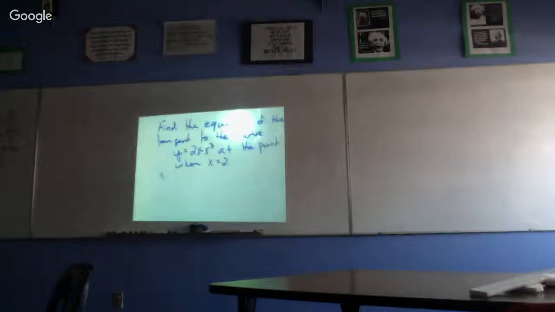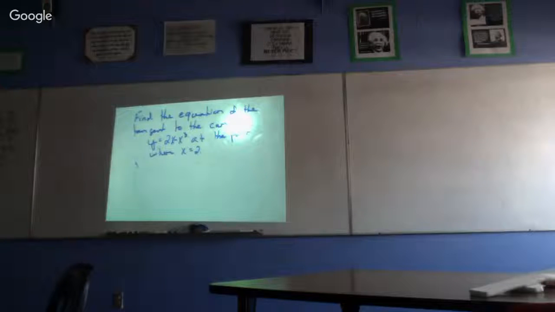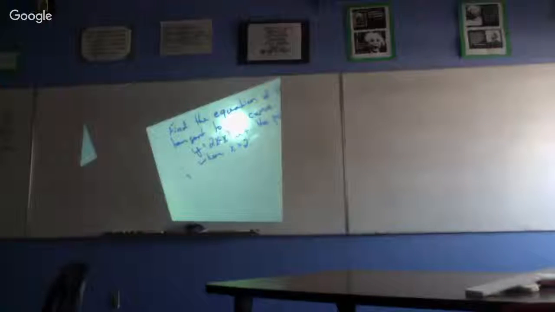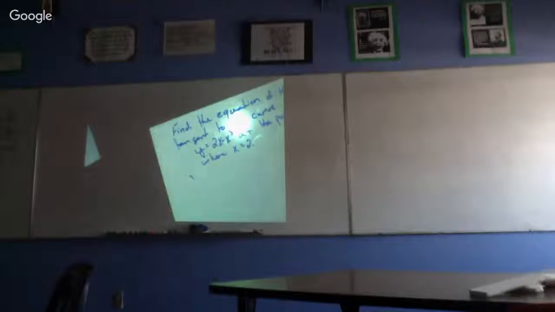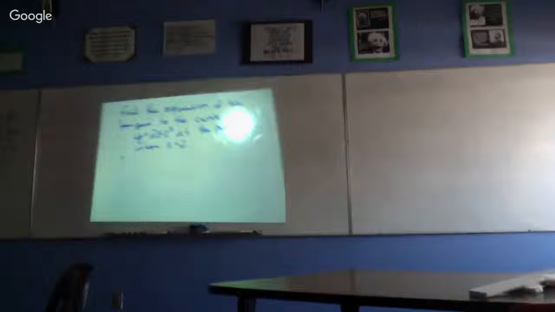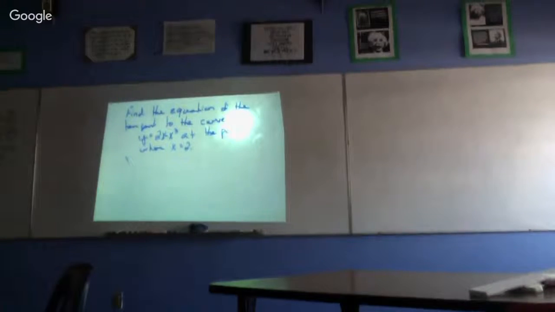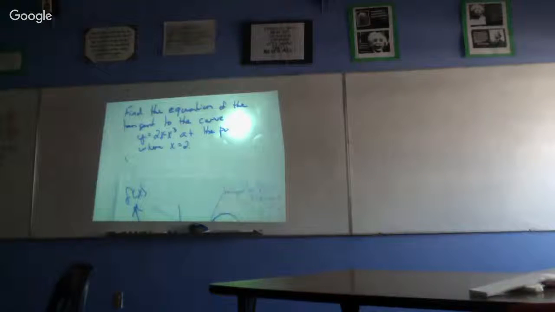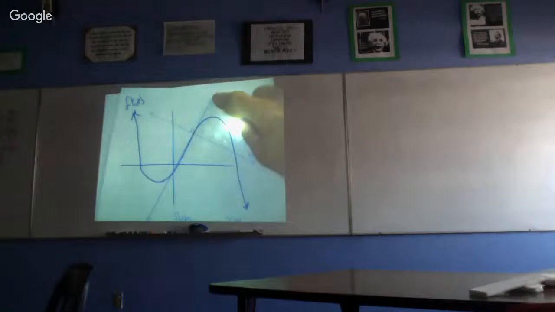If we take the first one, find the equation of the tangent to the curve y equals 2x minus x cubed at the point where x equals 2. So what we are looking for is this tangent right here.